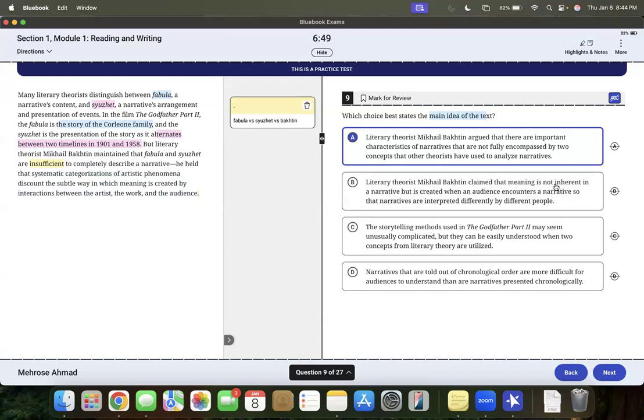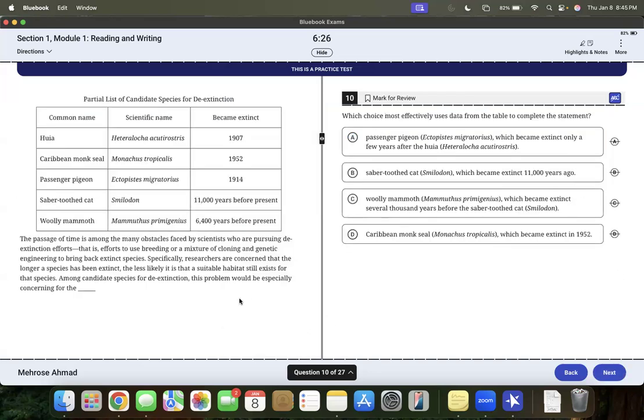So I don't think B is correct. C, storytelling methods in The Godfather are complicated, but they can be understood when two concepts are utilized. Doesn't make sense because Bakhtin's whole point is separate from this. D, narratives told out of chronological order are more difficult to understand. This is way out of scope. So A is the best answer.